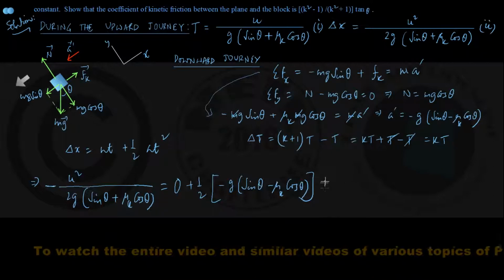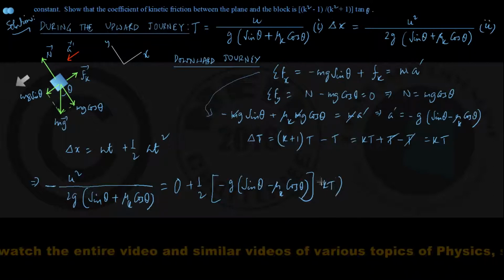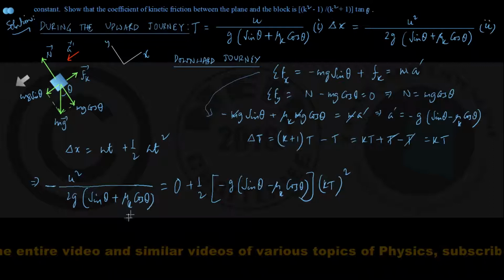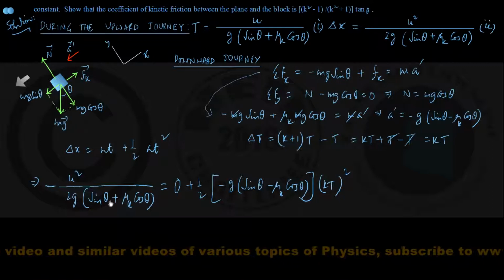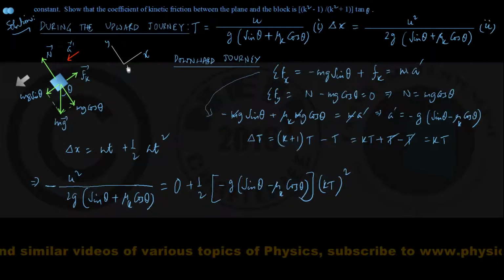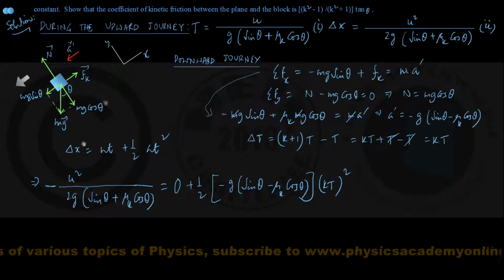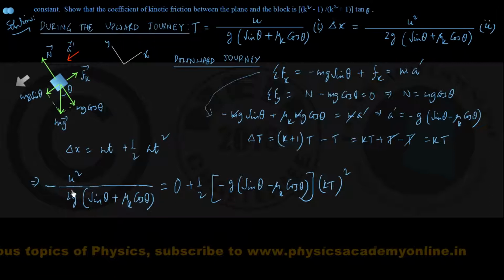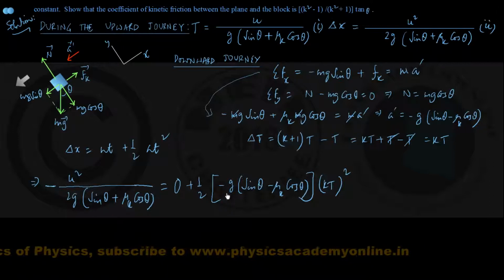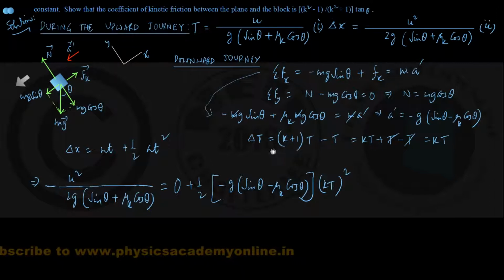So I write k into T. This is whole squared. So this is the equation once again. I repeat, I am sticking to the same sign convention. Therefore, in downward journey, displacement becomes negative, acceleration is negative, time of travel is kT as found little earlier. Let's see what we get from here.